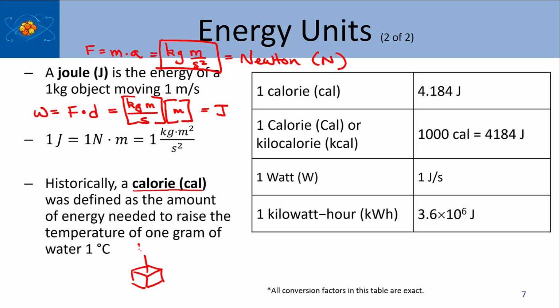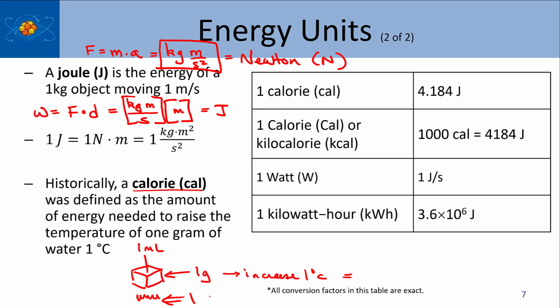This would be 1 milliliter. And you heated it up with a little flame, and it weighs 1 gram. So if you raise its temperature 1 degree Celsius, that energy is 1 calorie.